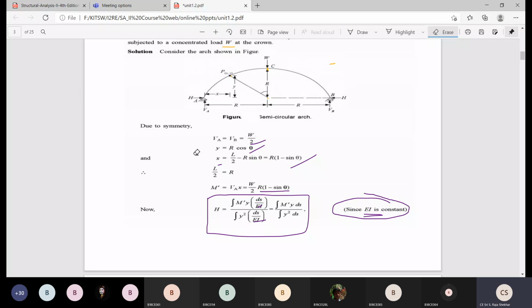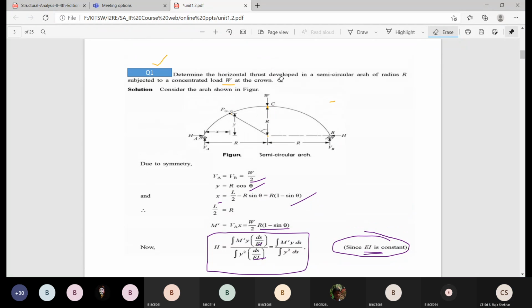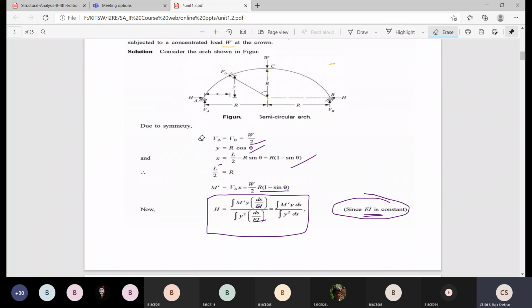Understood? So if a semicircular arch is subjected to a concentrated load W acting at the crown, then H will become W by pi. H is the horizontal thrust developed at A or B, equal to W by pi.